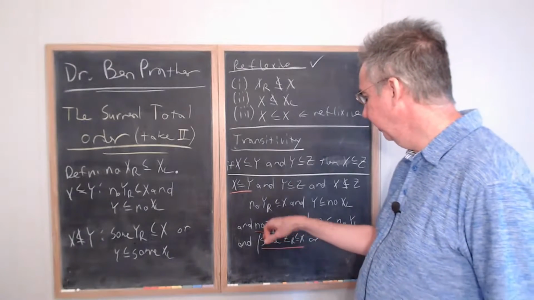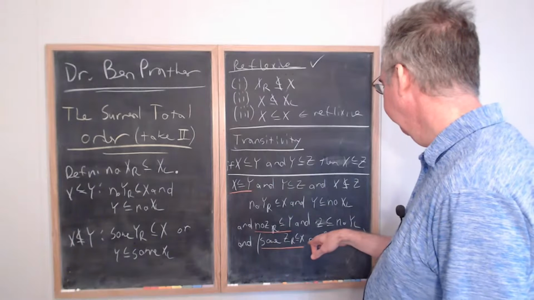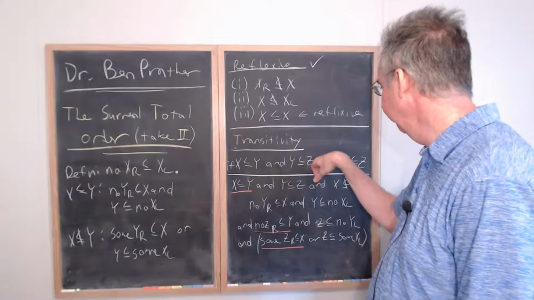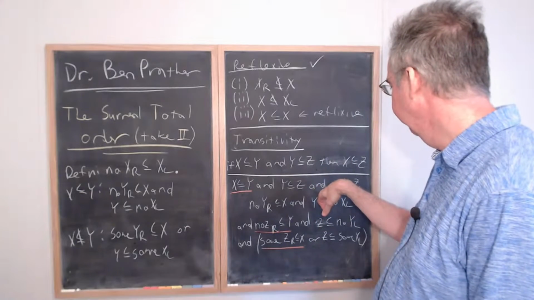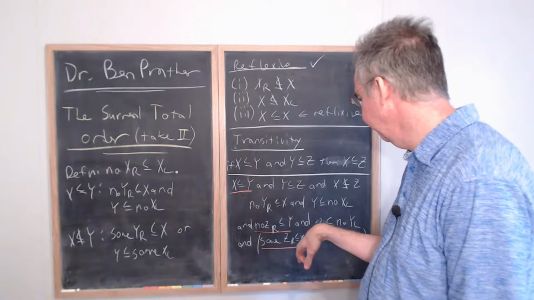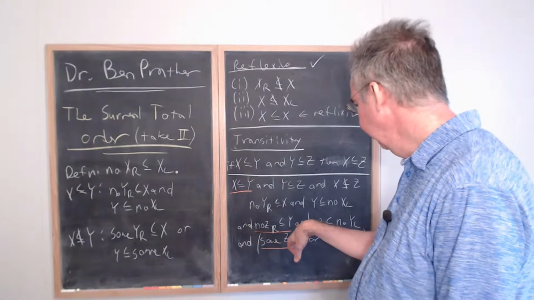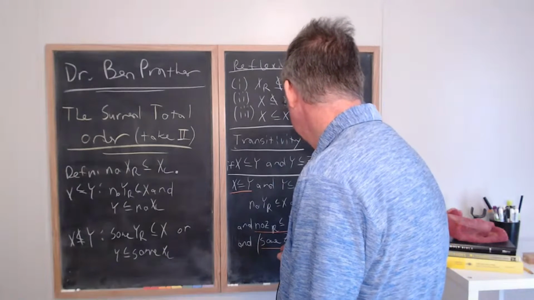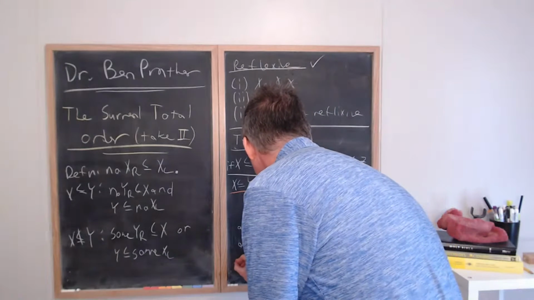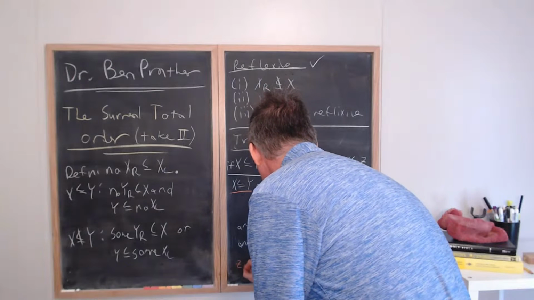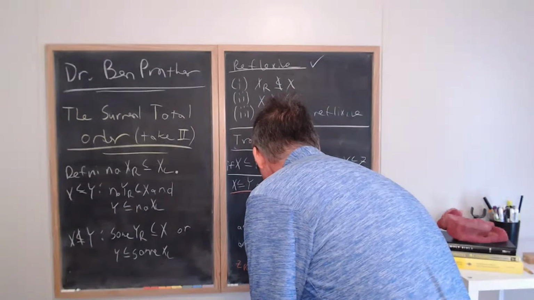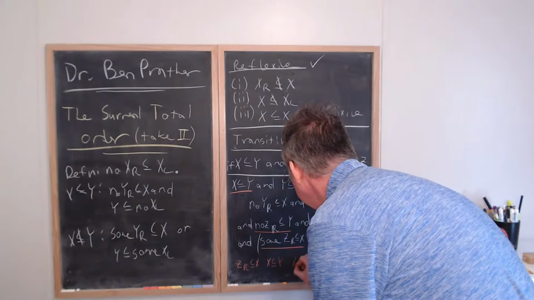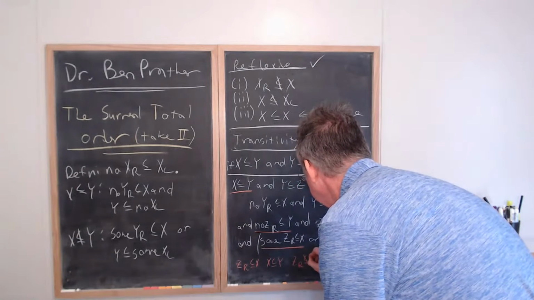But by induction on z, we're assuming that this statement is false because we're trying to show this statement is false. So for case one, the red case is false because we have z sub r is less than or equal to x, x is less than or equal to y, and z sub r is not less than or equal to y.